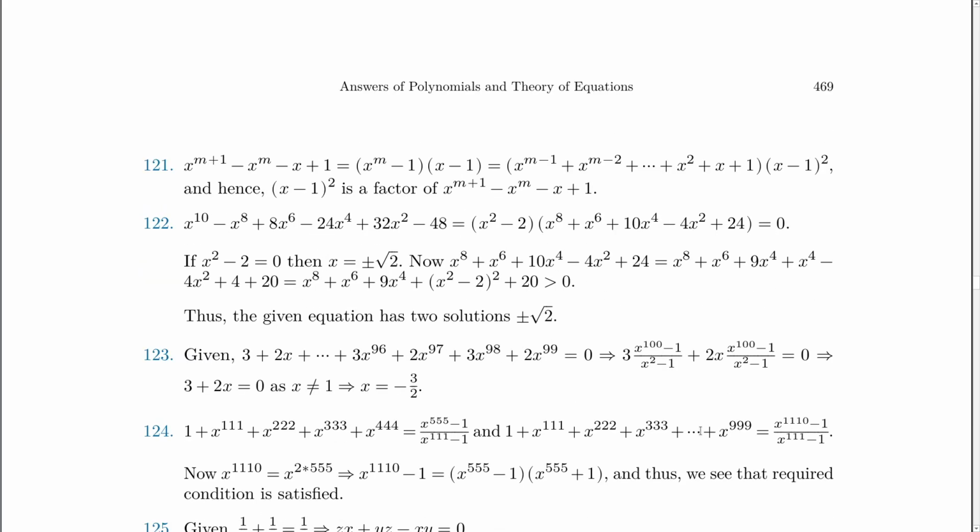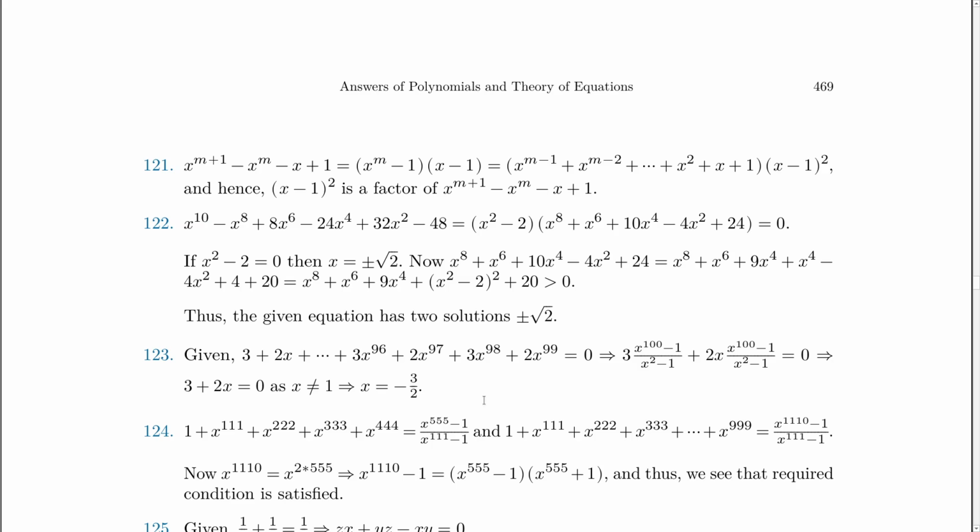So what we do in this case, like the previous problem, is we sum the expressions. So for the denominator, it comes out as (x to the power 555 minus 1) by (x to the power 111 minus 1). And for the numerator, it comes as (x to the power 1110 minus 1) by (x to the power 111 minus 1).